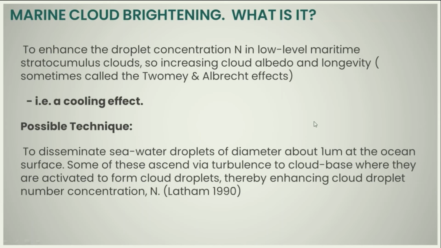We're increasing the droplet concentration in these low-lying clouds called stratocumulus, and the effect of making clouds brighter and therefore emit more radiation is called the Twomey effect, and that was only discovered in 1990, quite a recent piece of basic physics. So you put these droplets into the cloud.